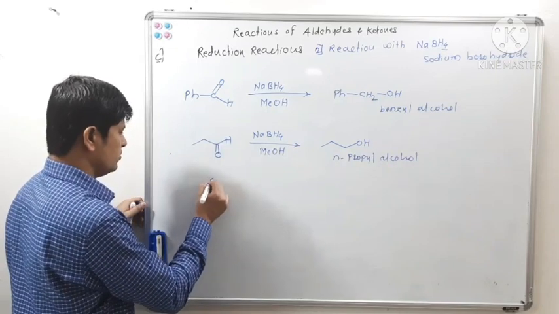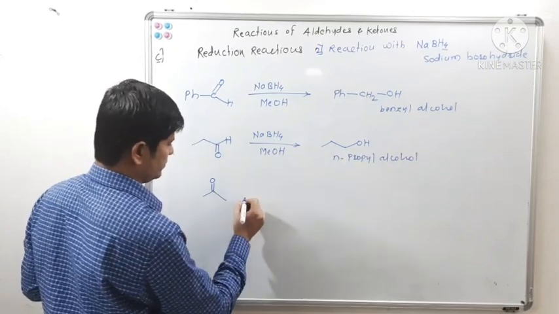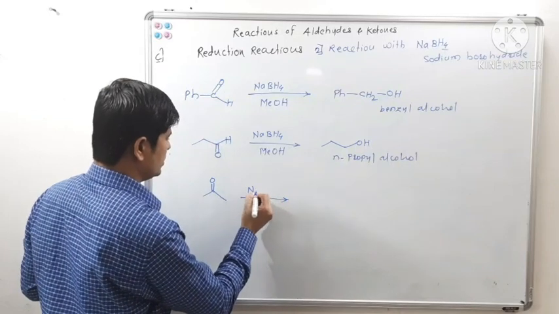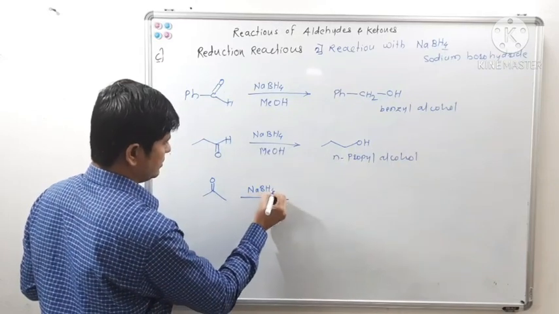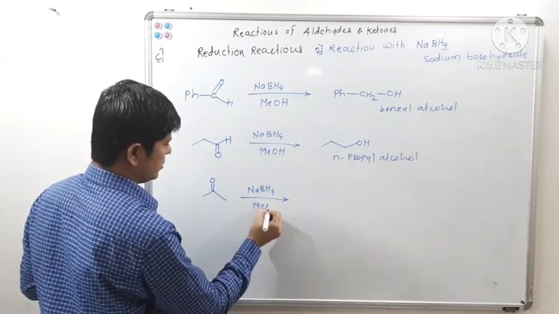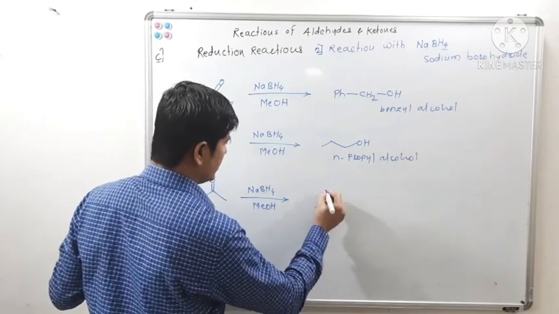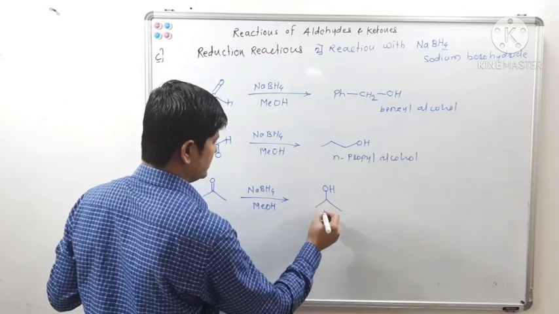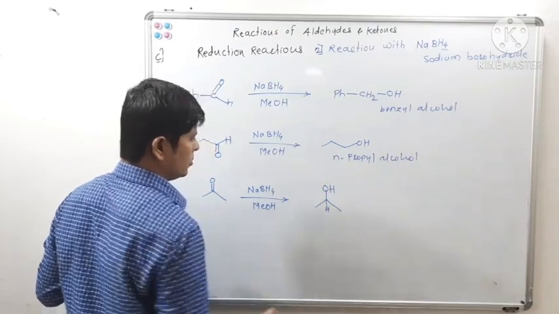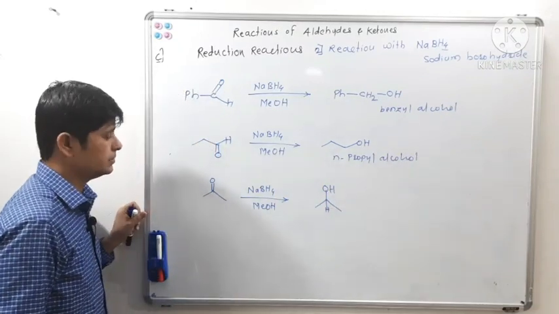Now suppose we have reacted acetone with sodium borohydride in methanol solvent, what will we get? Here also we will get a secondary alcohol as a product, isn't it? This is isopropyl alcohol.